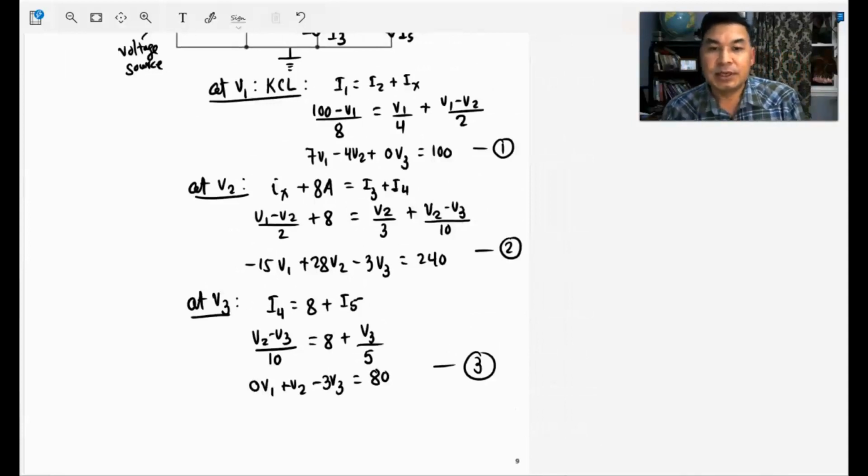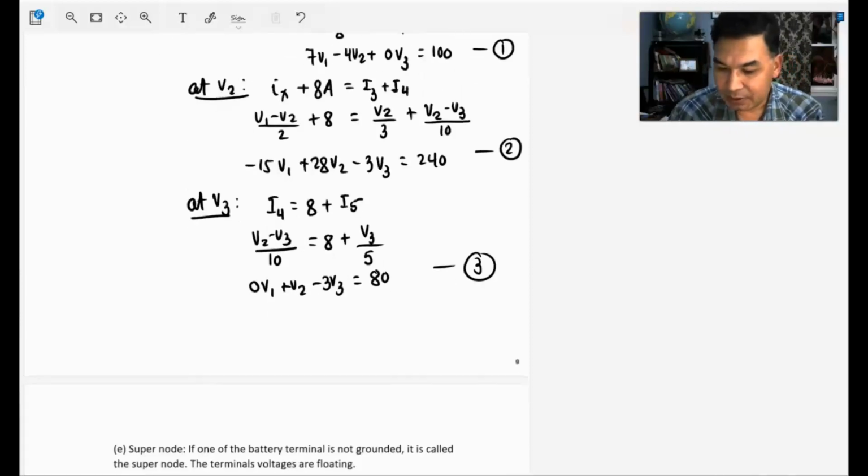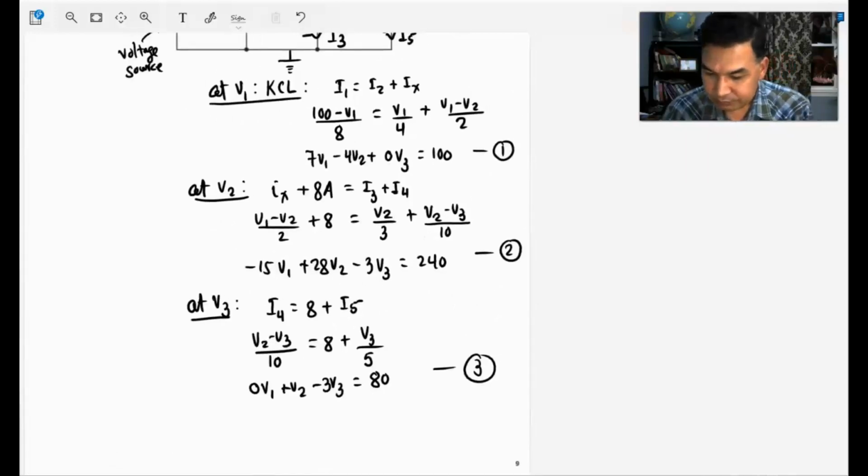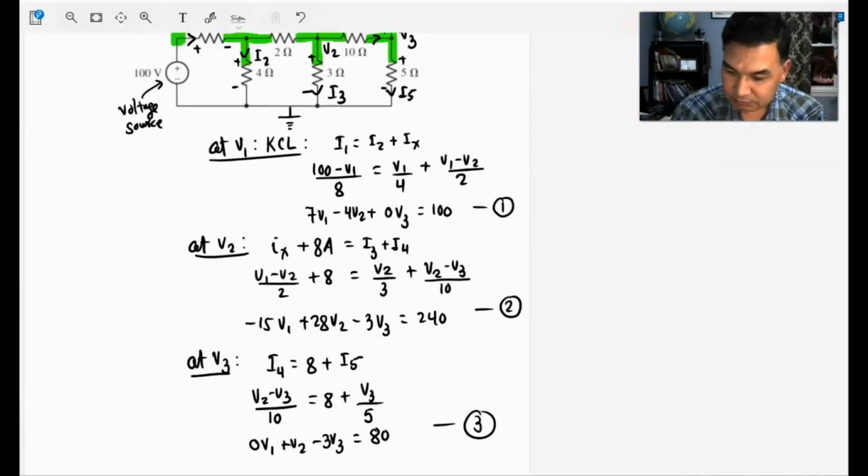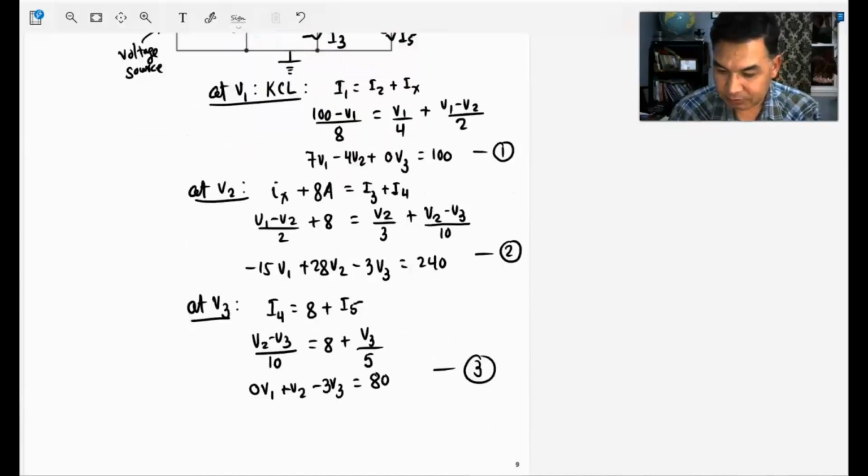Now since you have 3 unknowns and 3 equations, you can solve that in many different ways, and one very effective and easy way to solve 3 unknowns, or more than 3 unknown variables, is to put them in matrix form. These are all linear equations, and they can be written as 3 linear equations in matrix form, and then just solved using either a calculator or any computer program.